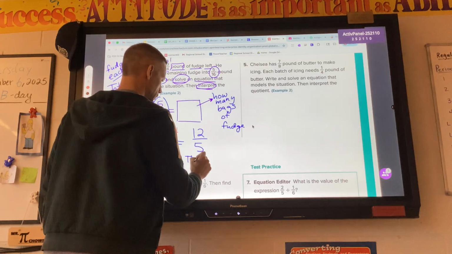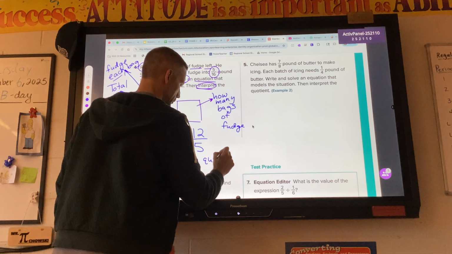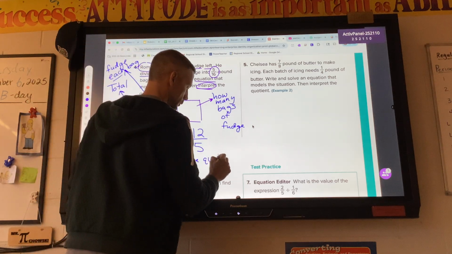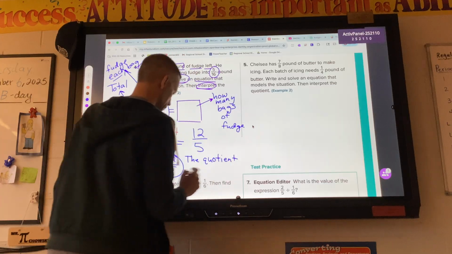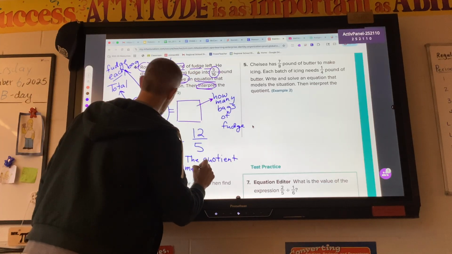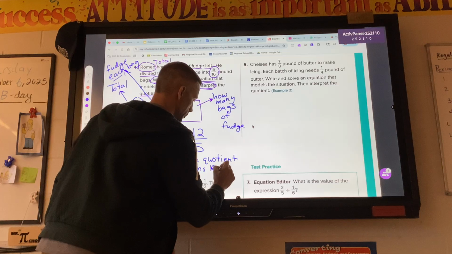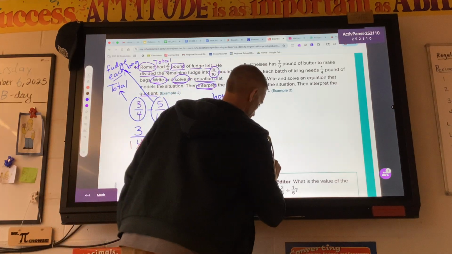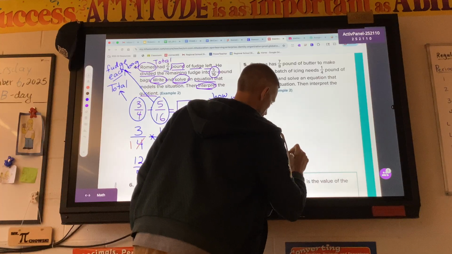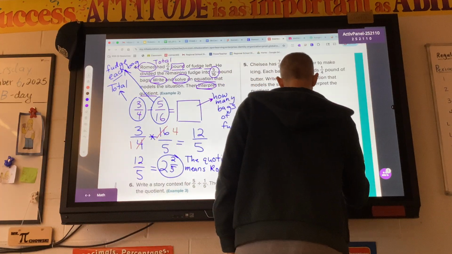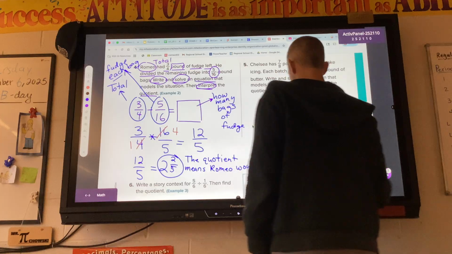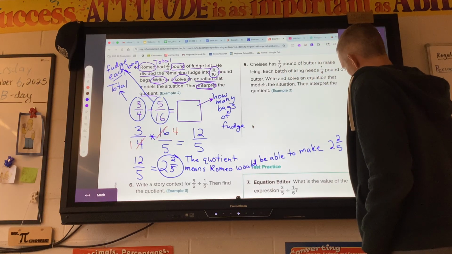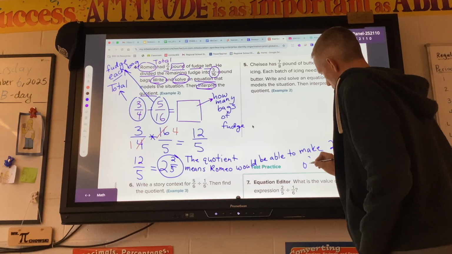The quotient means Romeo would be able to make 2 2/5 bags of fudge.